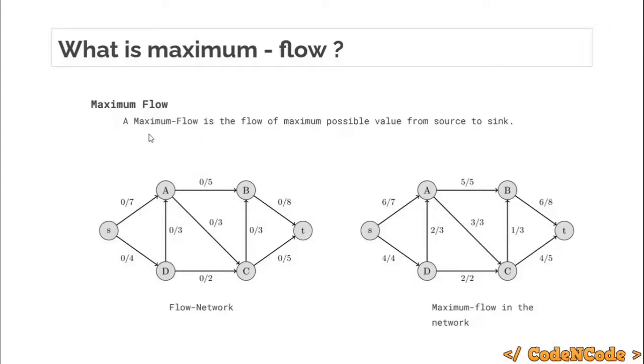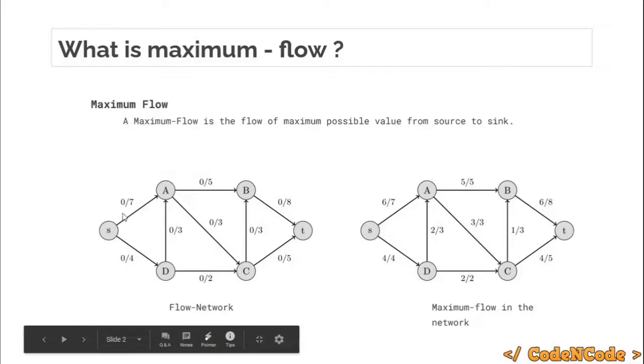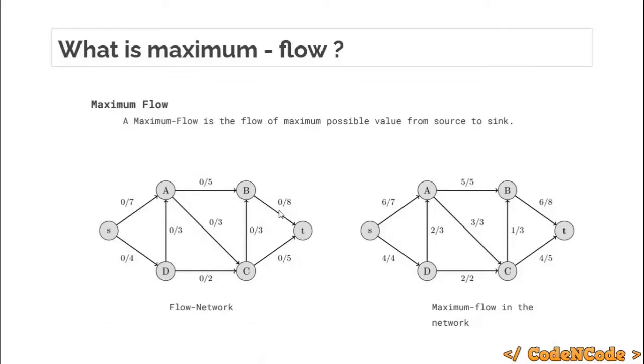Just for recap, a maximum flow is a flow of maximum possible value from source to destination or sink. So this is the source, this is the terminating point or sink. This is the original network in which the capacities are written as the denominator, and the numerator represents the flow. Initially the flow is 0, and now we can see the maximum flow is of value 10.